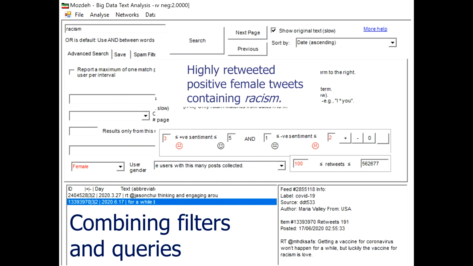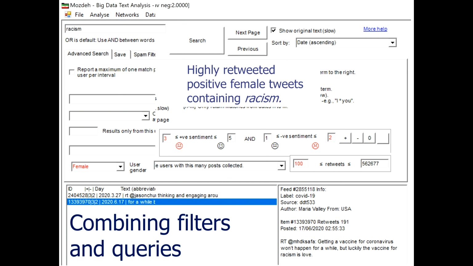And it's possible to combine all the filters together if you want. You don't just have to have one filter, and you can also combine them with a query term if you like. So in this query and filters, I'm asking for Mozdeh to show me highly retweeted tweets, at least 100 retweets, that are positive. I've got a positive sentiment filter selected. I've selected a female user gender and containing the word racism.